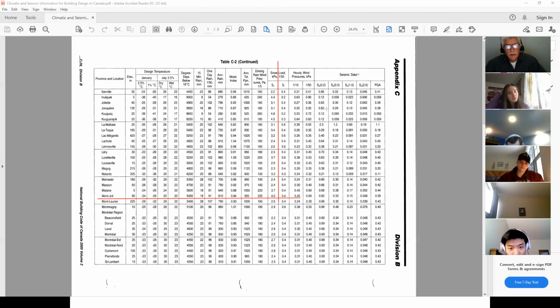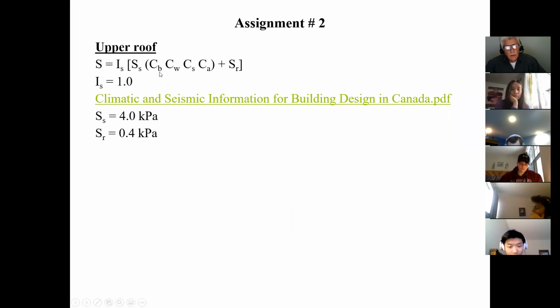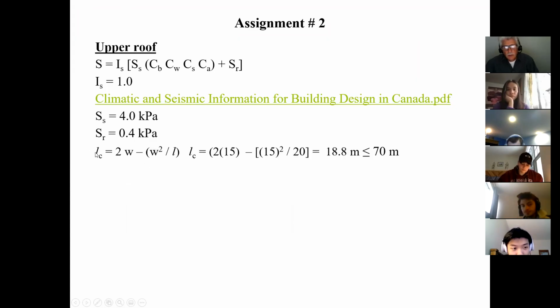So here we know that the SS value in kPa is 4.0 and the SR value is 0.4. I get that straight from the table. Now, the CB value, like I said, you have to check the characteristic length of the building.